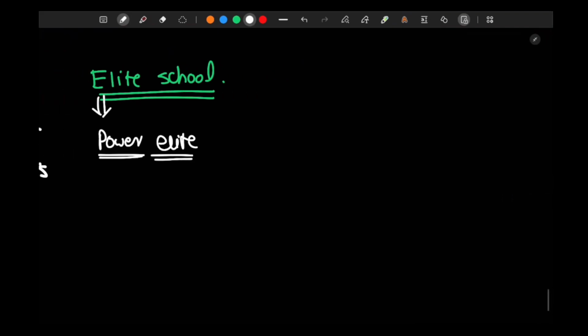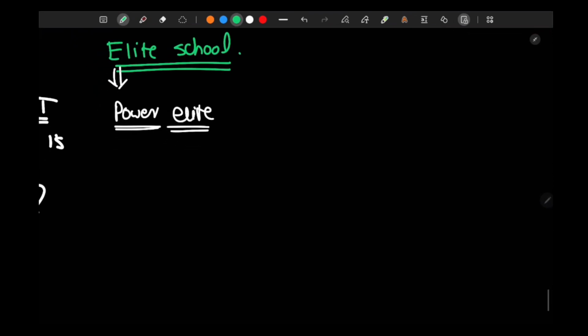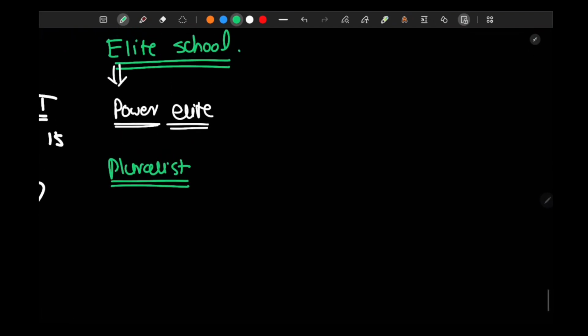Then with respect to elite school, there is another school, pluralist school. Don't worry, we are going to see this. Elite school people say that there are some power elite in which power is concentrated. Pluralists say it is not true. Pluralist school basically is criticism of elite school.